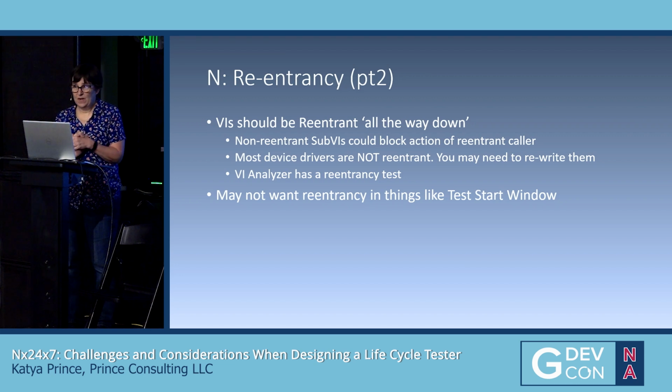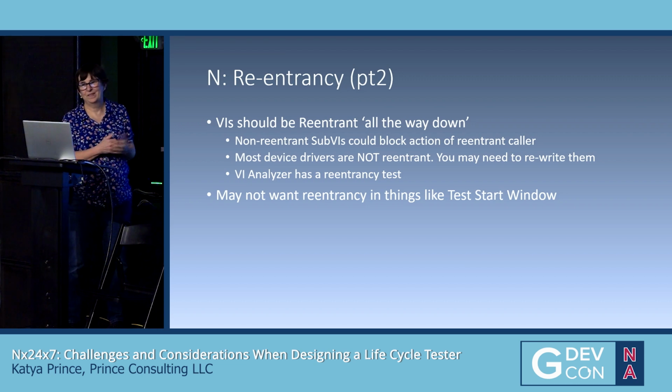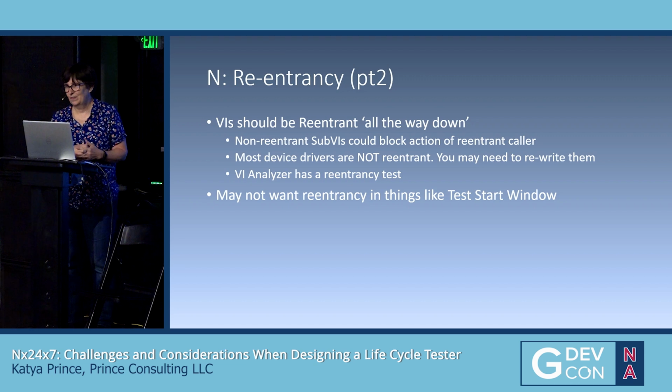So you may need to rewrite some of them, or at least the components that you need. You probably won't need to do everything, but there may be some keys. The other little tip that I found just last week or so is that VI Analyzer actually has a test for reentrancy that will flag when you have non-reentrant VIs inside of reentrant callers.